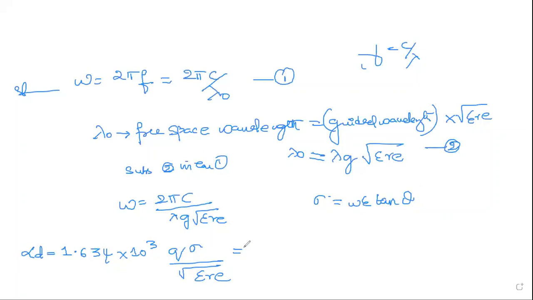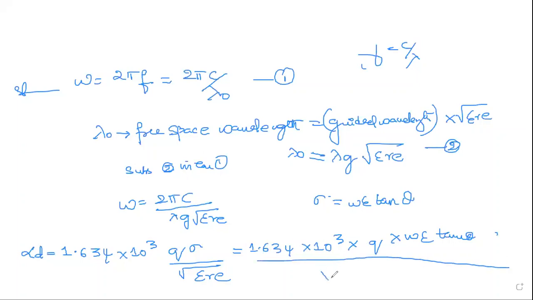Write this equation as 1.634 into 10 to the power 3 into Q into omega epsilon tan theta, and divide the whole equation by square root of epsilon Re. Why we are substituting for sigma is that we need an equation for omega. We have written for omega. So omega can be obtained from sigma, that is omega epsilon tan theta. Now substitute this equation wherever you have omega, and simplify.